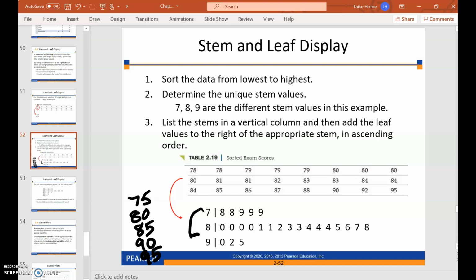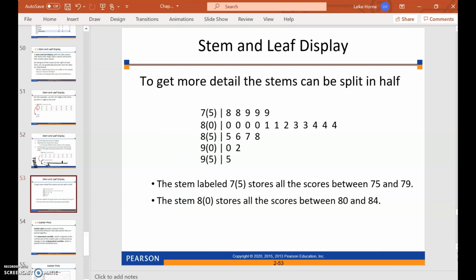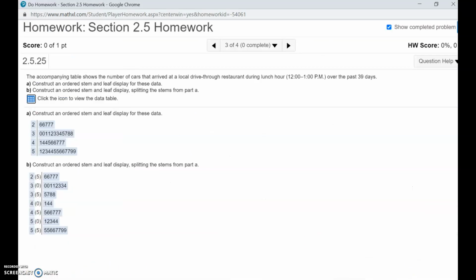So I would split this stem. 70 doesn't need splitting because it only starts above 75, but 80, I would split it here. So this would be one stem and this would be another stem. And then for 90, I would split it here and this would be a stem and this would be another. So here's what it would look like. This is where I have taken my stem and broken it in half. Let me know if you have any questions about this section.